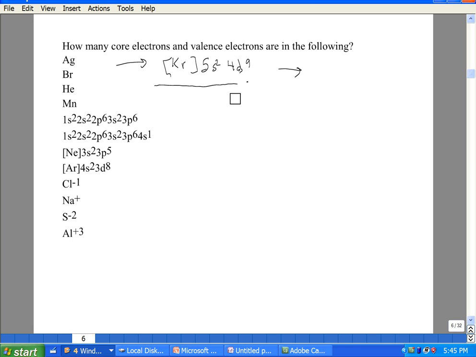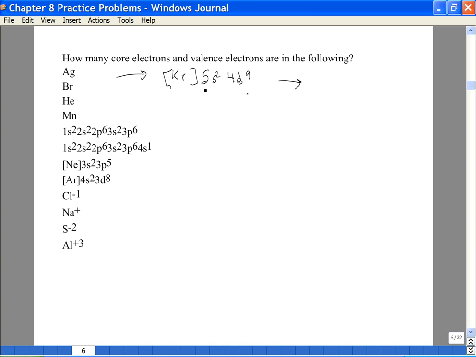The principal quantum number 5 is the largest energy shell occupied. So the valence electrons are the electrons that are in that shell. In this case, the number of valence electrons is going to be 2.